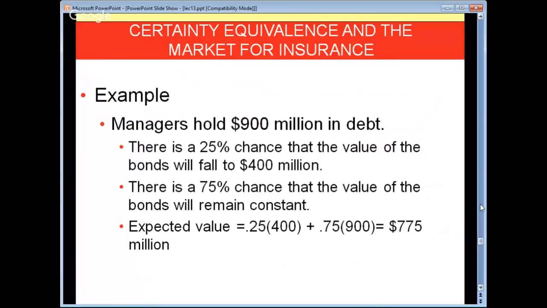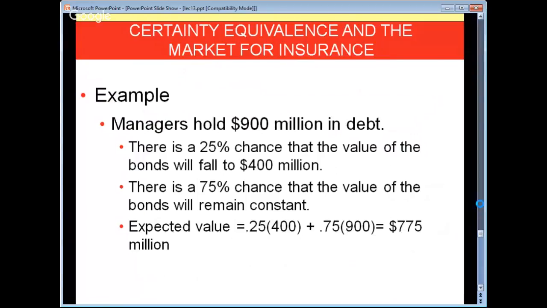Come on, somebody. All right, what's the face value of the bond? 900 million. Okay. And what's the expected value of the bond to the bondholder? What's that? 775. Okay, and the difference? 125.